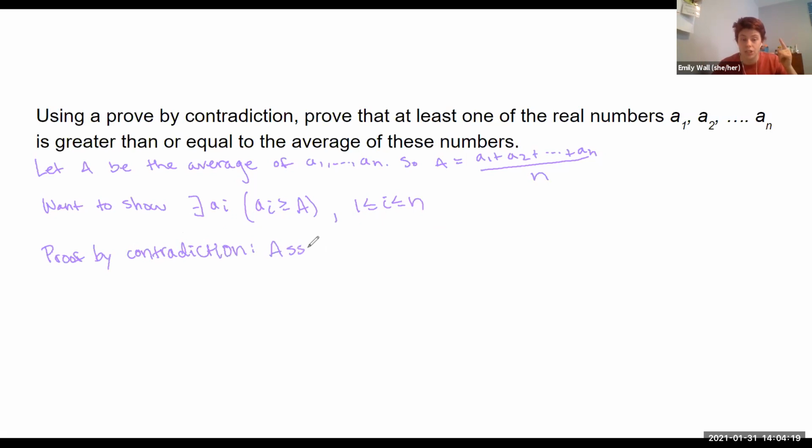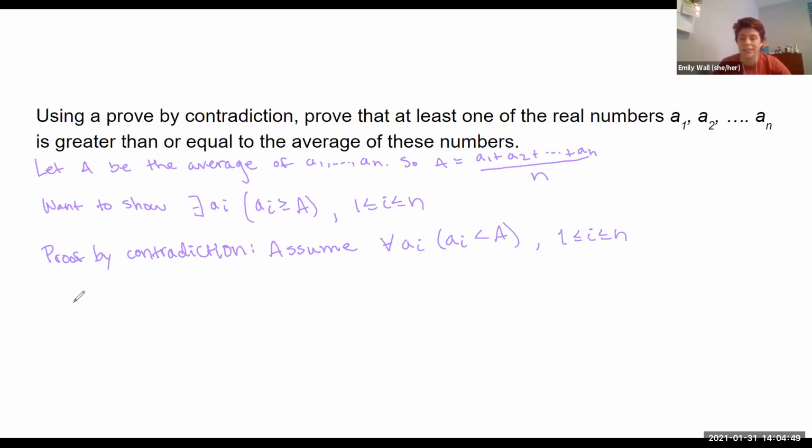We assume the negation of what we want to show. So when we negate an exists statement, that becomes a for all. So for all A sub i, and we then negate the inside part, and we get that A sub i is less than A. Again, i is between 1 and n. This seems like a much more useful assumption. So now this is our assumption. We're pretending it's true. We're inside our assumption box.